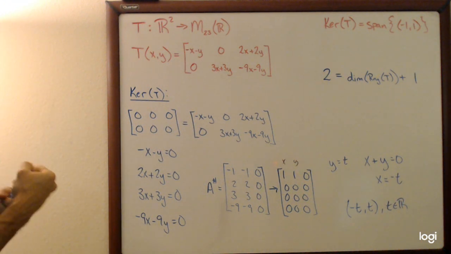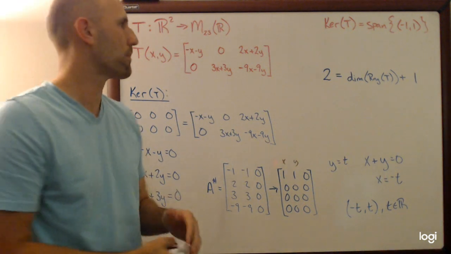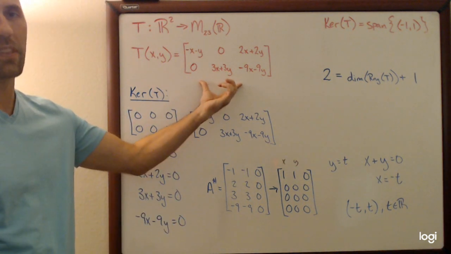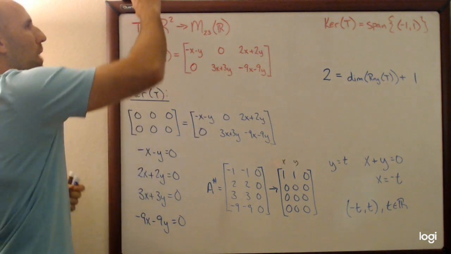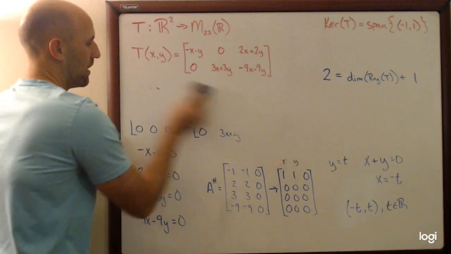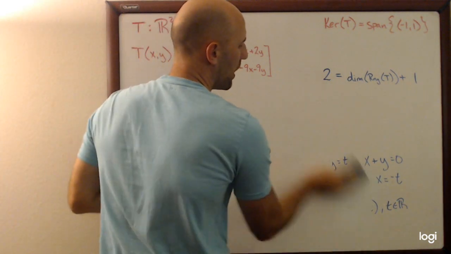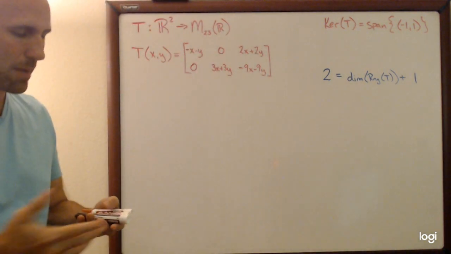Now that I know the range is only one-dimensional, I only need one vector to serve as a basis vector. That seems pretty easy because I can just plug in a vector x, y to get an example.